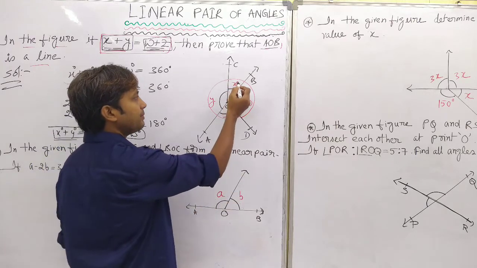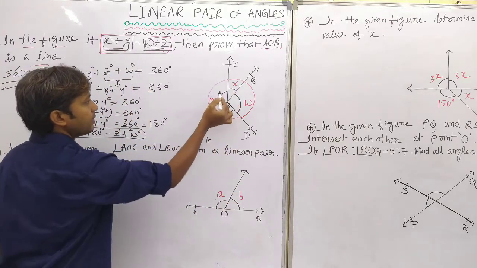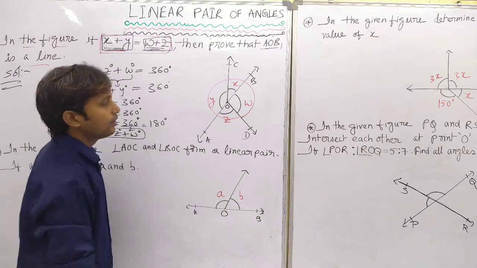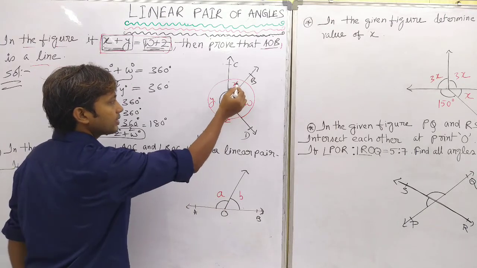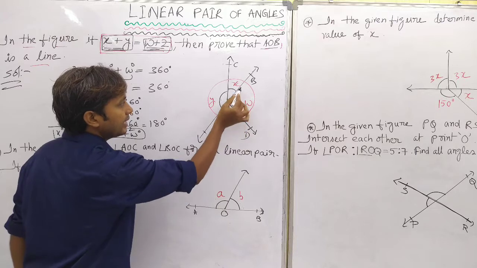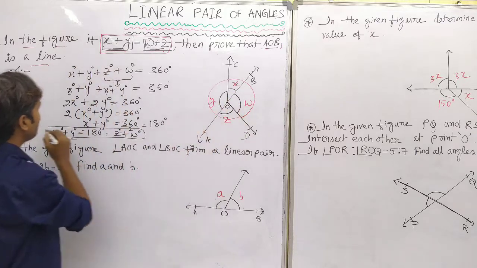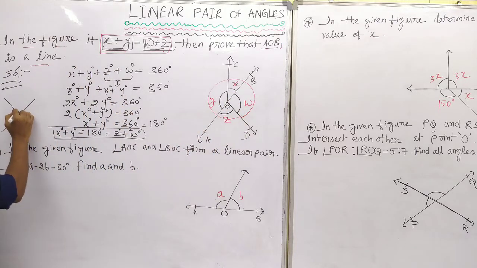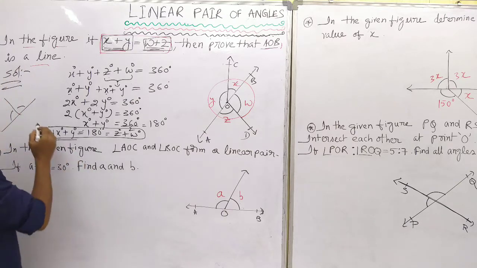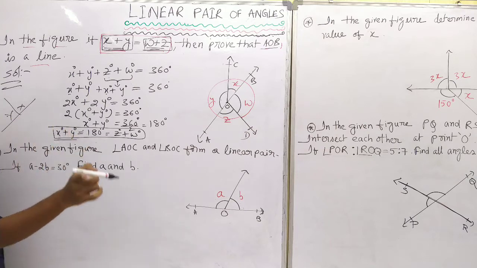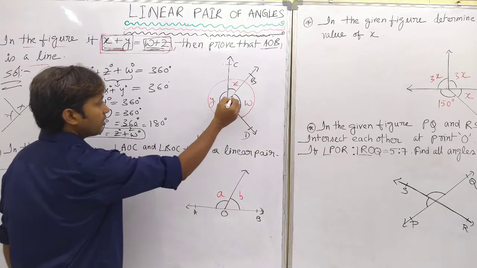x plus y equal to 180 means what? Here this angle plus this angle is equal to 180 degrees, meaning the sum of these two is 180 degrees. That means this pair is representing a linear pair or not? Why? Because the sum of these two is 180 degrees. Similarly, we got this on the other side also.